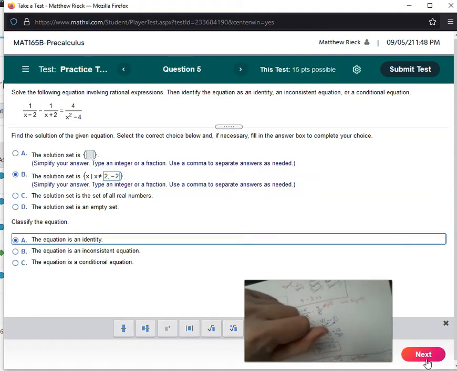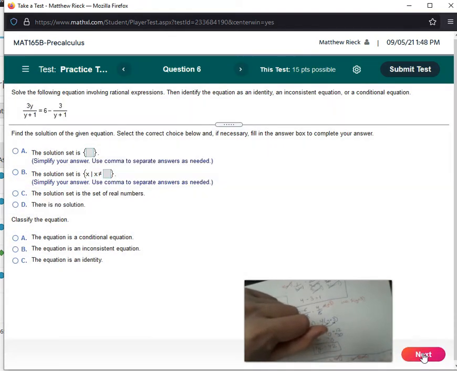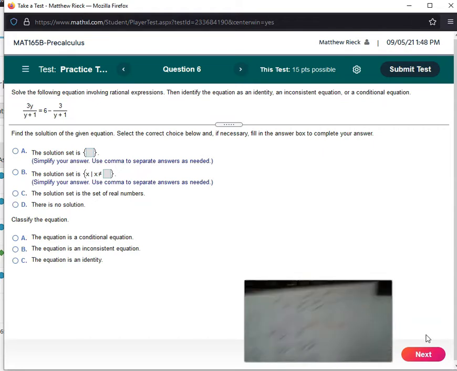In this case, the equation is an identity.